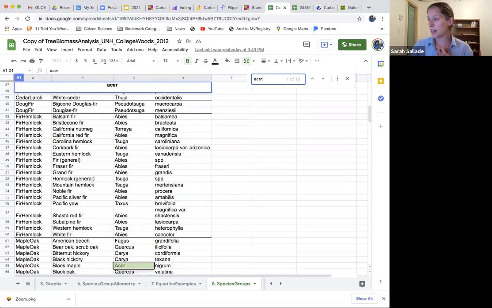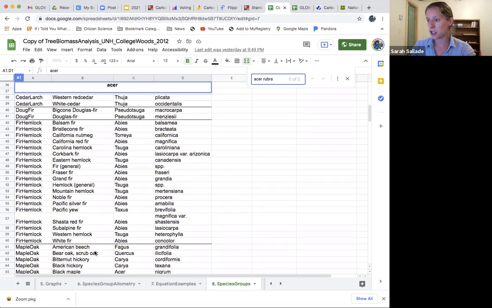And I find that some of the maples are in the maple oak category and some of them aren't. So I might have to enter the whole name. And it doesn't find it, but we know that some of the maples are in the maple oak and some of them are in the soft maple birch.